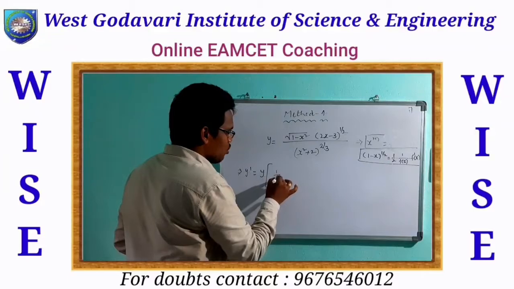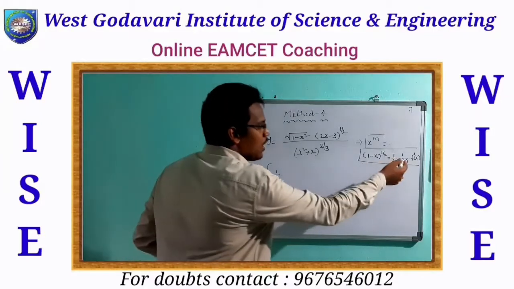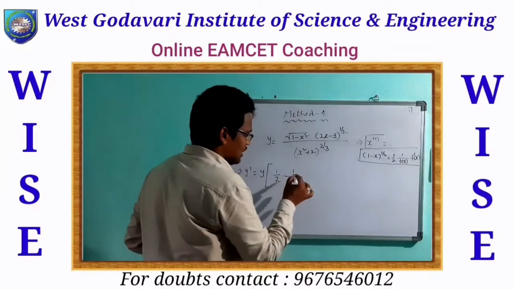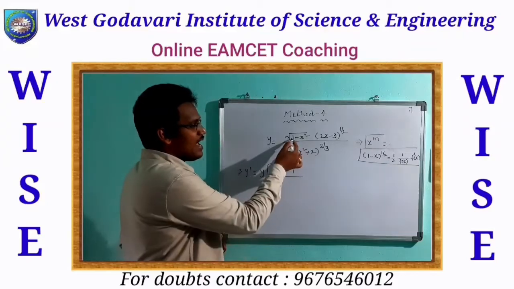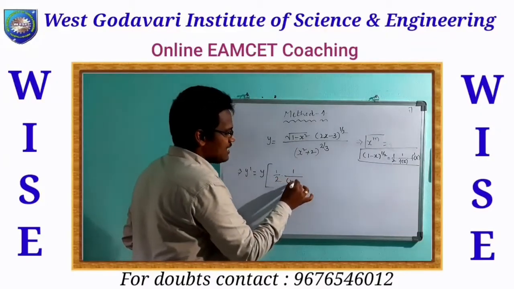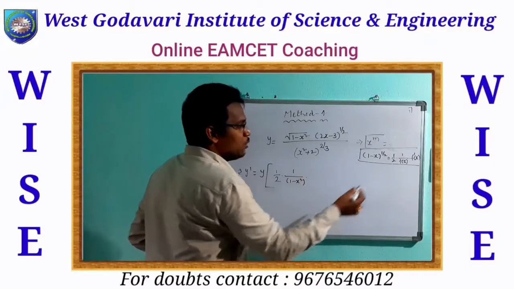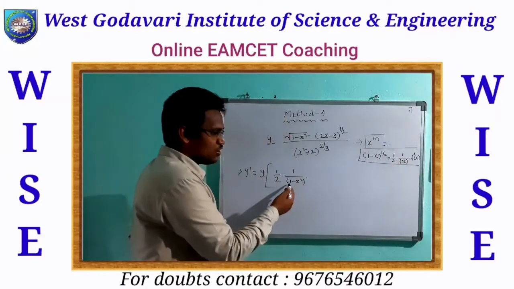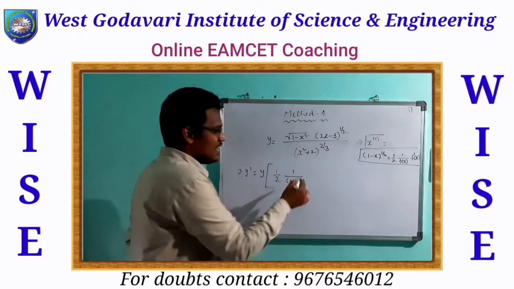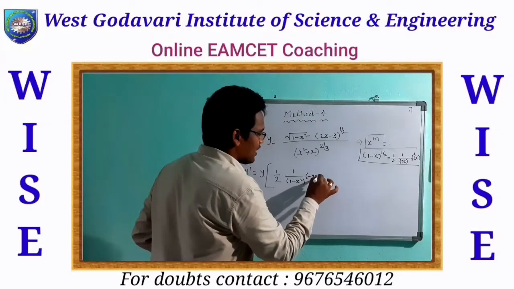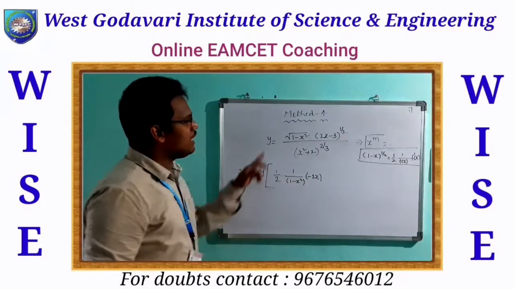Taking it as a coefficient, 1 by 2 into 1 by f of x, where f of x is 1 minus x square, into the differentiation of f of x. The differentiation of 1 minus x square becomes minus 2x. So this is the completion of the first term.